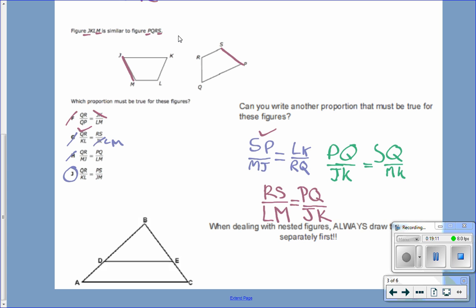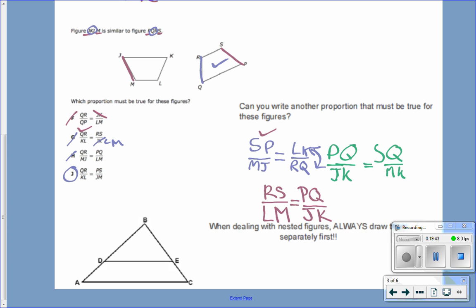Okay, so this SP came from this shape. Here at the top needs to come from that shape. What do we need to do? Swap it. It needs to be switched. So RQ corresponds to LK. So this proportion would be correct if they are switched. Are we good with that?